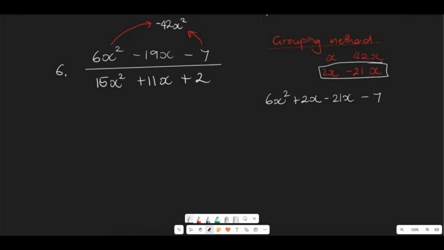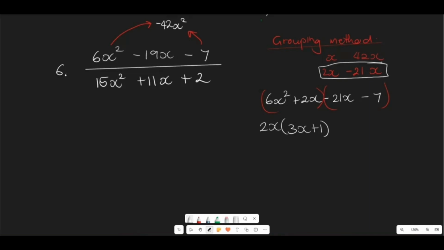Okay, perfect. So once we get to this point, this is when we do the grouping part, right? So we'll just group these two together and group these two together as well. I can take out a common factor of 2x, then I will have 3x plus 1 remaining.